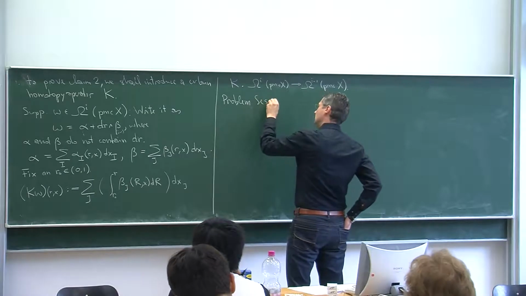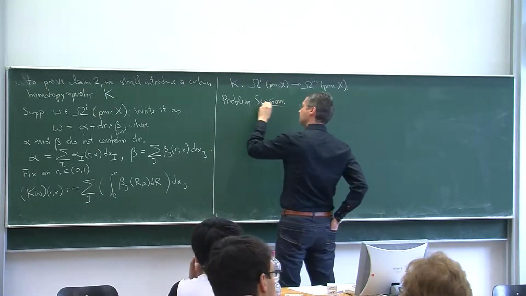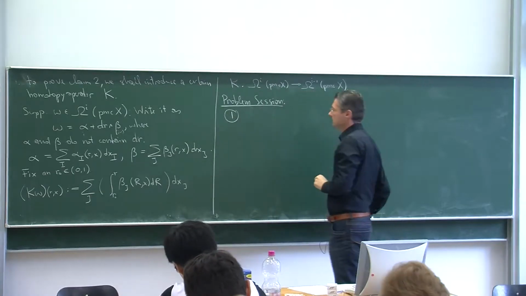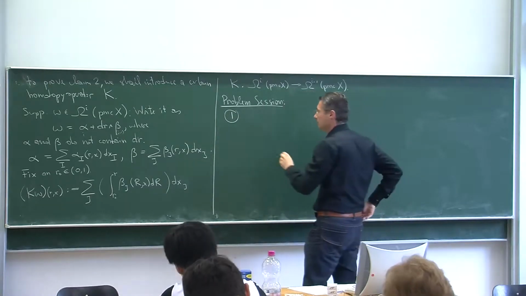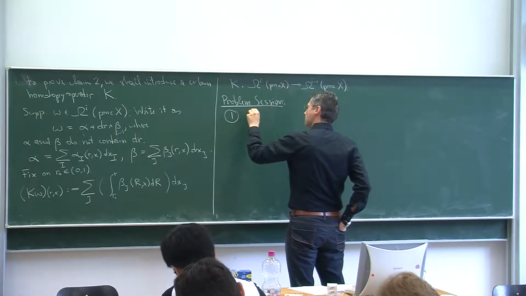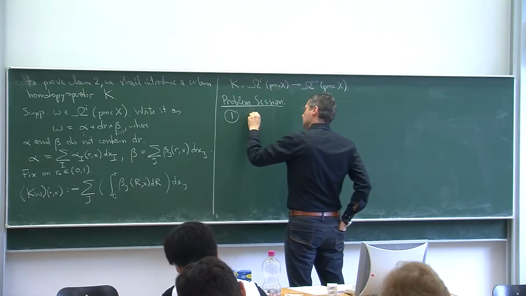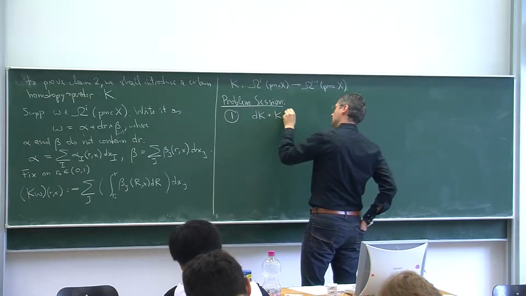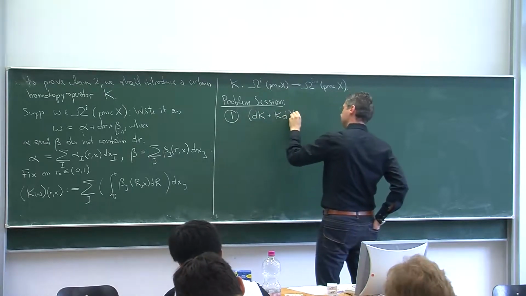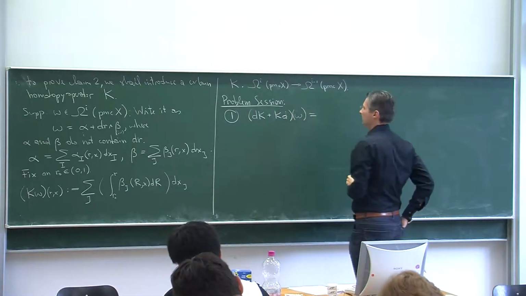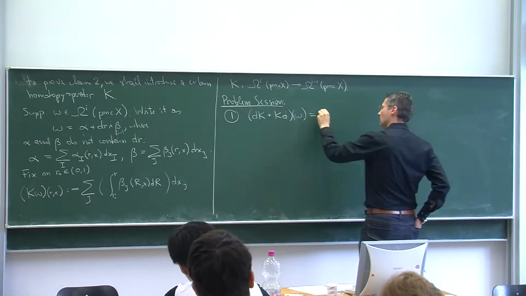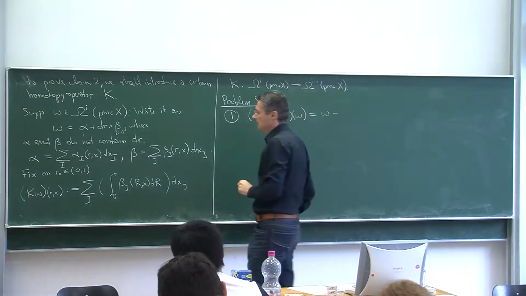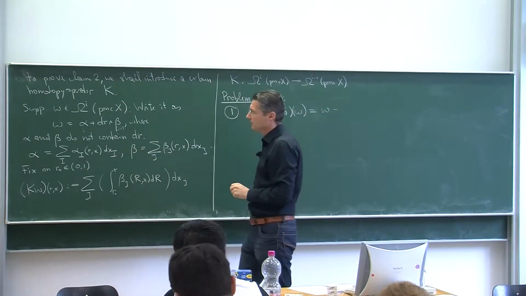And so in the problem session, I suggest that you show that dK plus Kd of omega is equal to omega minus, and here's the trick now, right?